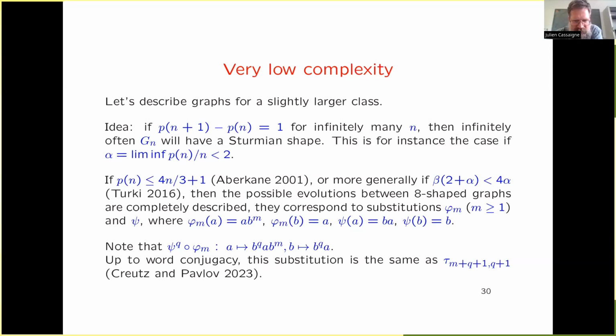And so this is how I constructed the graphs at the beginning, by enumerating sequences of substitutions phi m or psi. So I take a finite sequence of length 1, 2, 3 up to some point of those substitutions. I compose them and I take the fixed point of this.